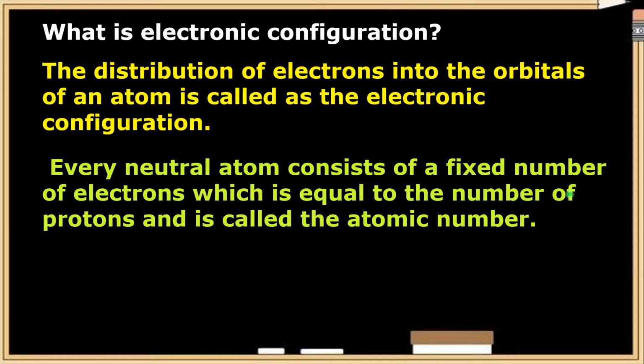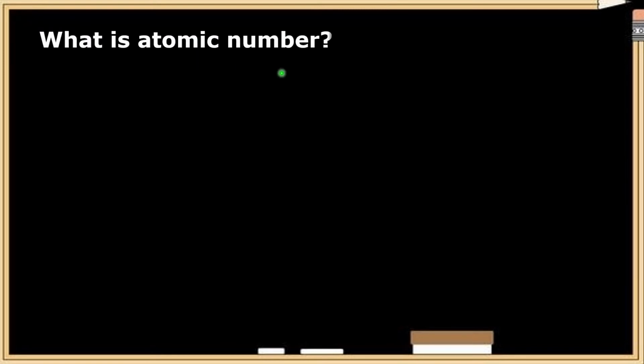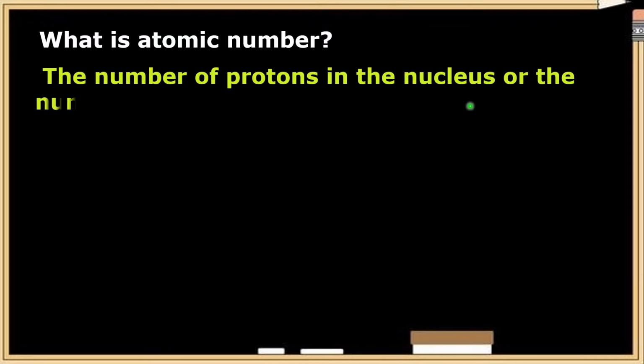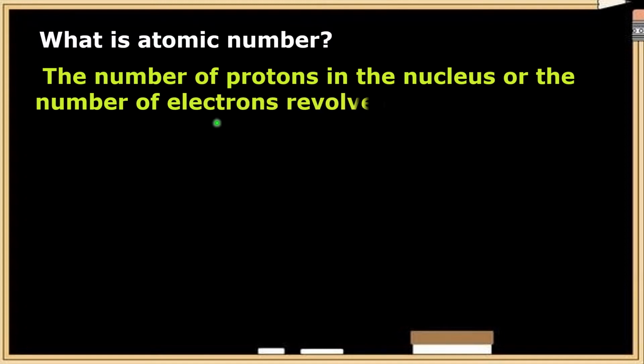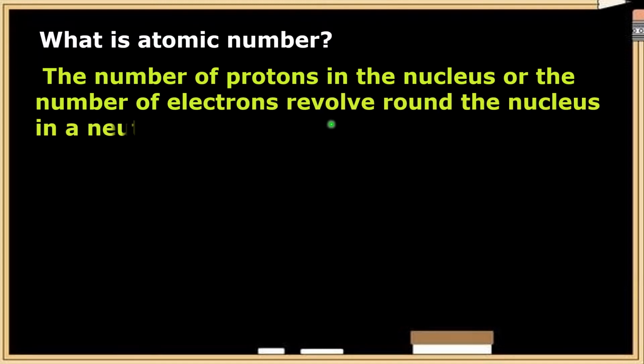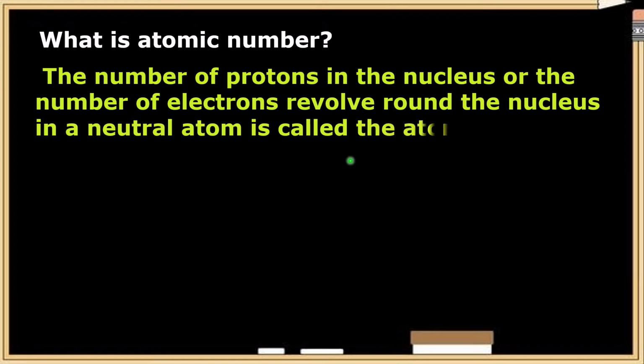See here. Now let me tell you what is atomic number. The number of protons in the nucleus or the number of electrons revolving around the nucleus in a neutral atom is called the atomic number.